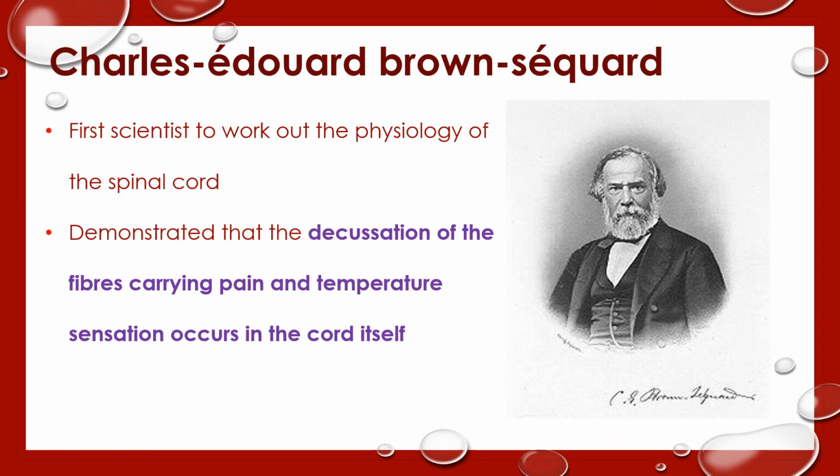Charles Edward Brown-Séquard is the first scientist to work out the physiology of the spinal cord. He demonstrated that the decussation of the fibers carrying pain and temperature sensation occurs in the cord itself. He observed an accidental injury in the farmers while cutting the sugar cane in Mauritius.